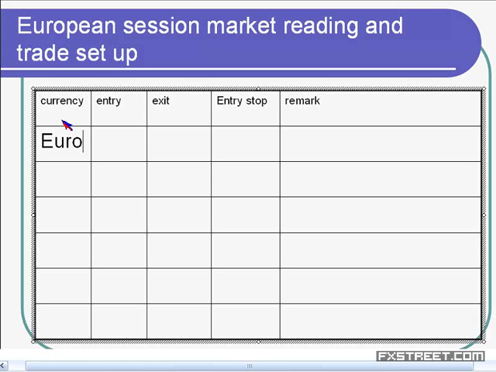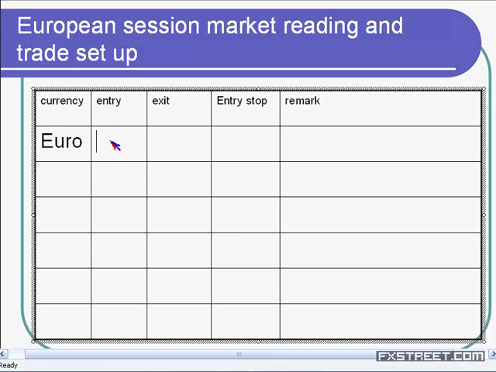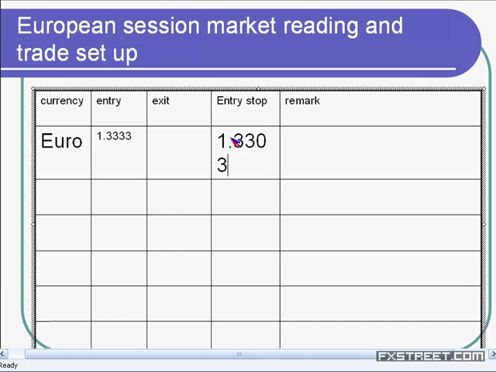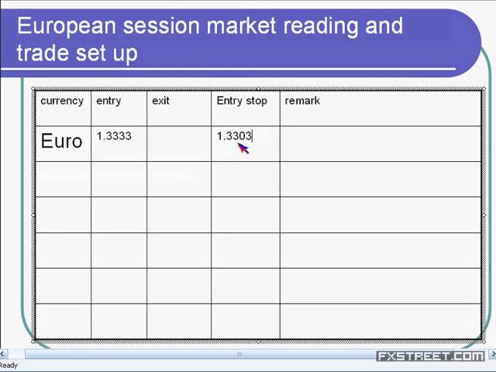Now I'll try to take the Euro position. Okay. So when currently the market is 1.3343, I'll try to keep an entry order 10 pips below. Exit, I'm not going to keep it. I'll keep an entry stop or the hedging order 30 pips below the market, 1.3303.